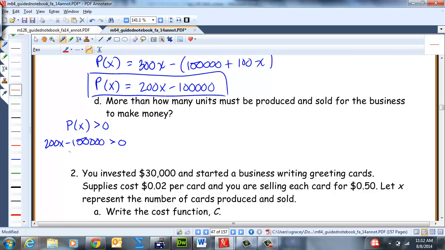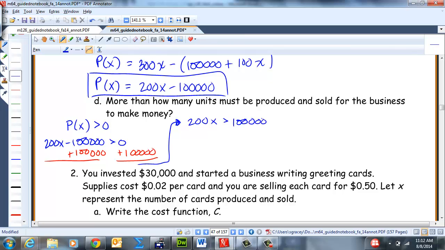So if I add 100,000 to both sides, I will get 200x has to be greater than 100,000. Dividing both sides by 200, we will get a result of x must be greater than 500.